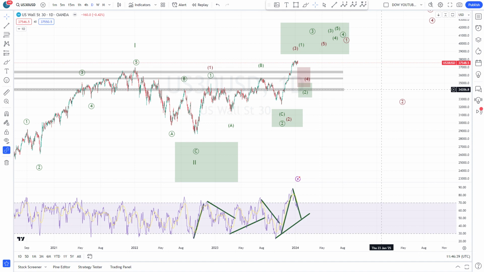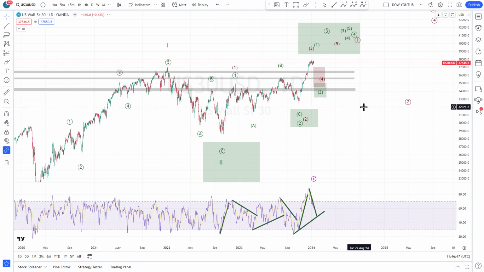So if we then go to the daily to have a better look at these possible bullish scenarios, we start from here, the wave 2 in a higher degree low, and then there are two possibilities.